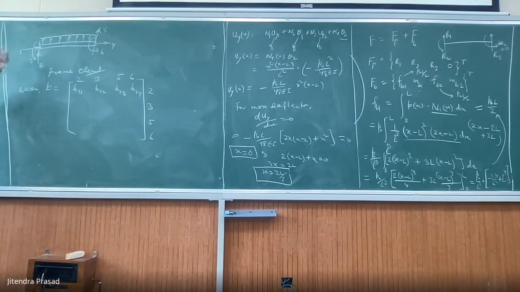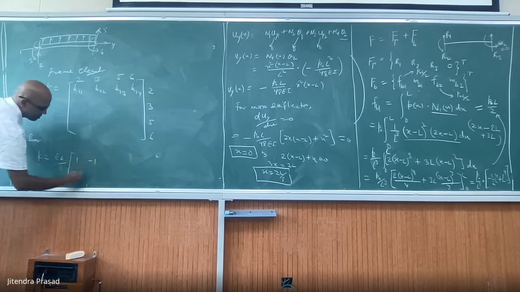We are combining two kinds of element together. One is the beam element, the other is the axial bar element, 1D elasticity, remember? For beam K is like this, and for the 1D bar element, K was, if you remember, EA over L times 1, minus 1, minus 1, 1, right?